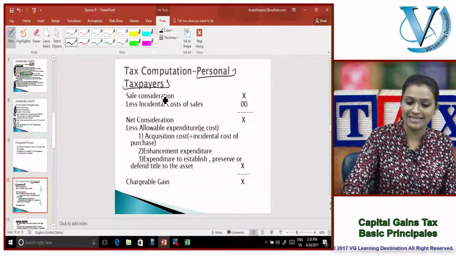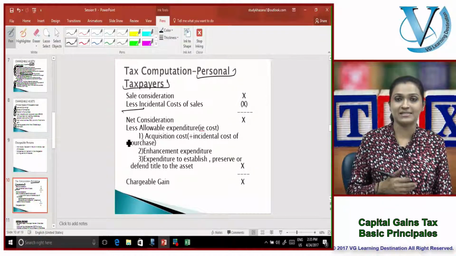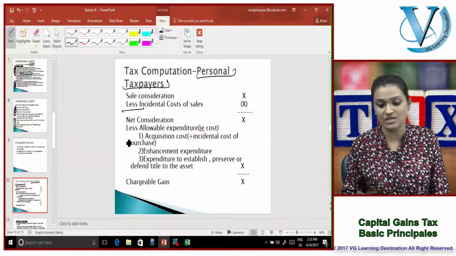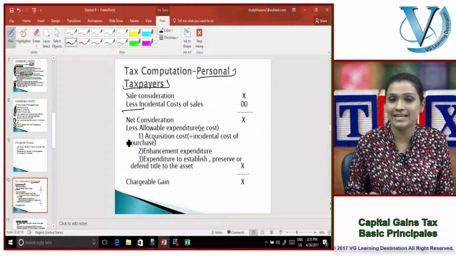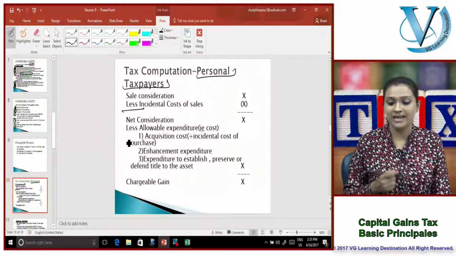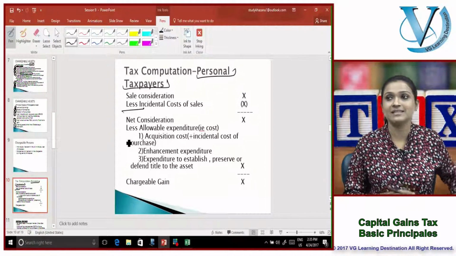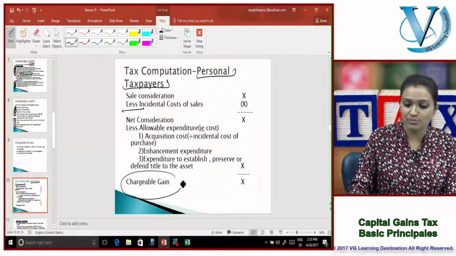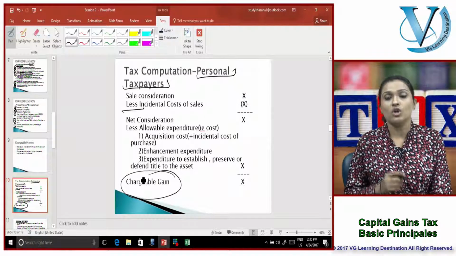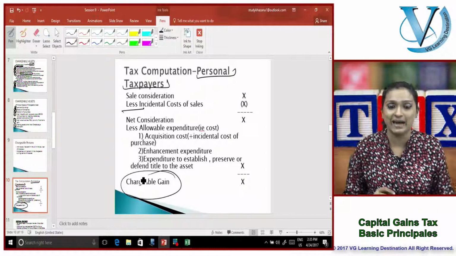You start off with your sales consideration, reduce any incidental cost of sales, arrive at the net consideration, reduce three types of allowable expenditure on cost, which is acquisition cost, including any incidental cost of purchase, any enhancement expenditure, and expenditure to establish, preserve, or defend the title to the asset, thus arriving at the chargeable gain that you have made on the particular asset. So this is how you're going to calculate your personal tax for your CGT liability.